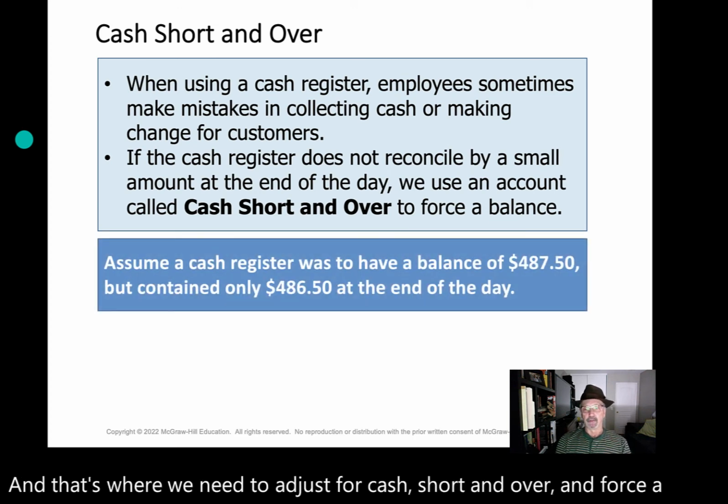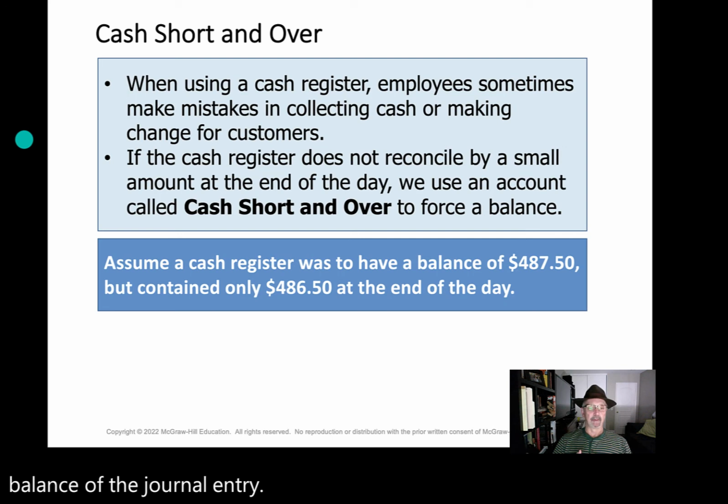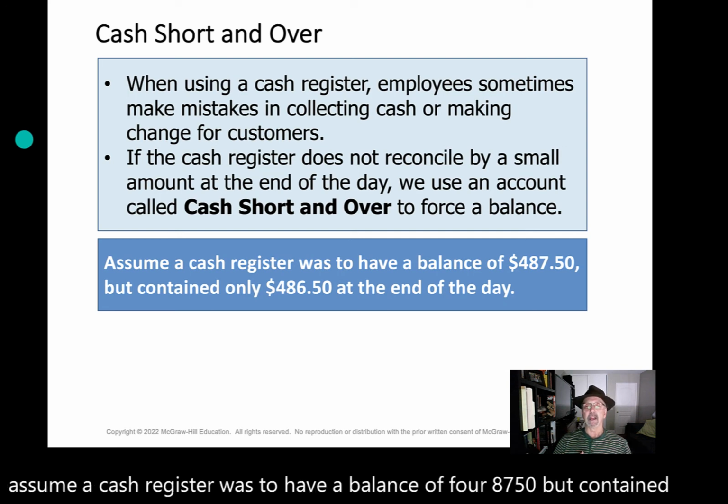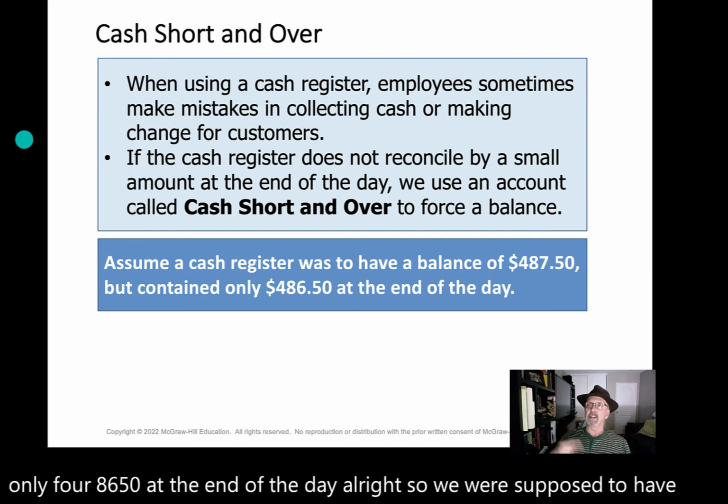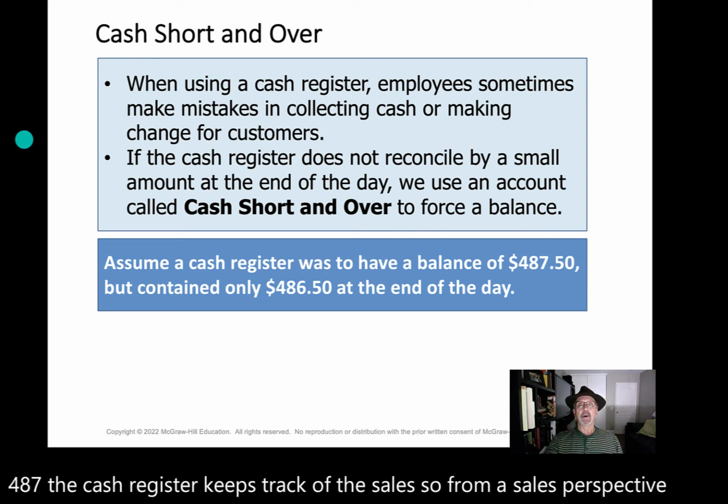Assume a cash register was to have a balance of $487.50 but contained only $486.50 at the end of the day. The cash register keeps track of the sales. So from a sales perspective, we needed $487.50, but there's only $486.50 cash in the drawer.